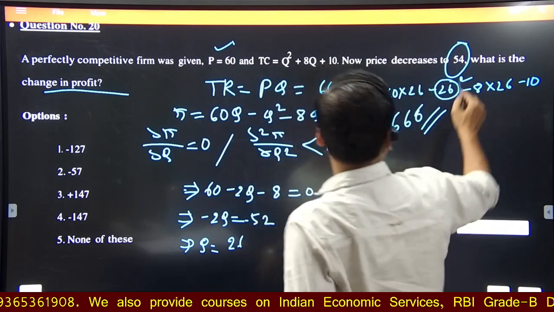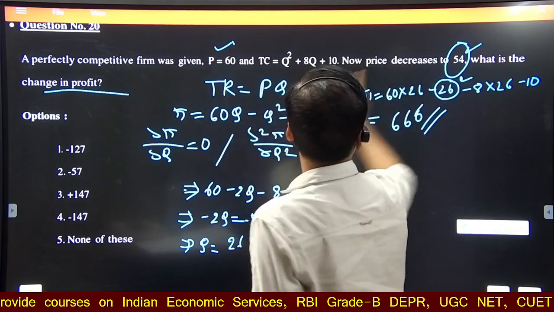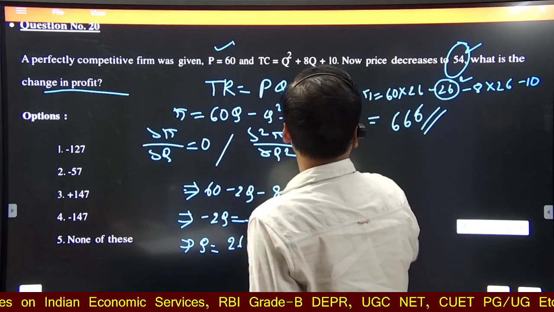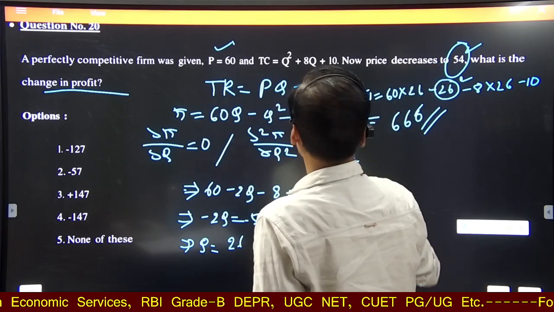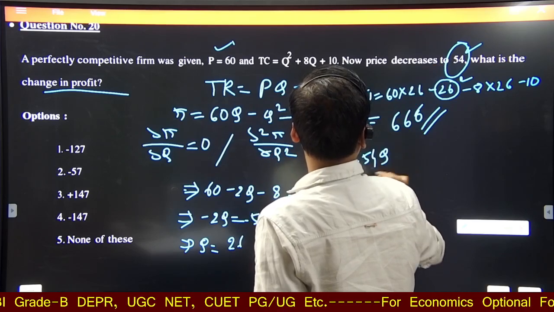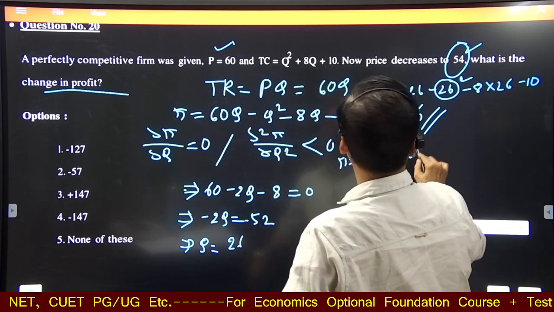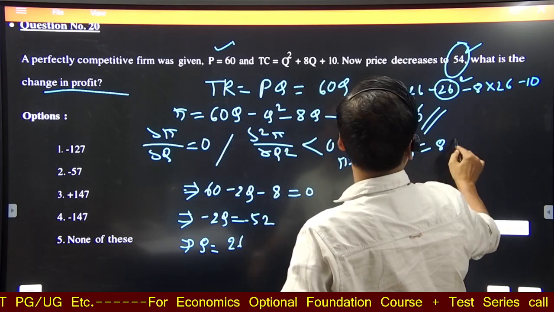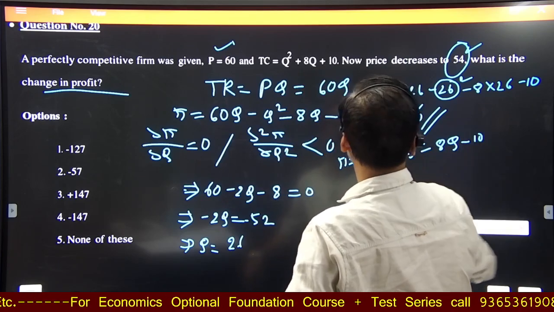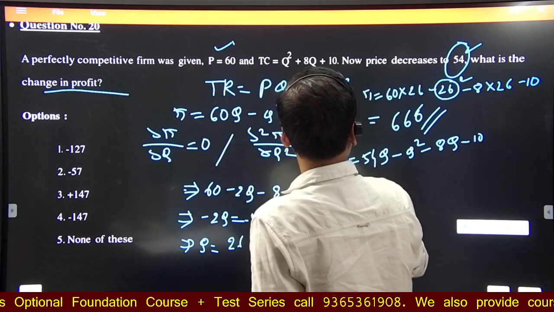Now when we take the price 54, what will be the profit function? After taking 54, the profit function will be 54q minus q square minus 8q minus 10. When we differentiate this with respect to q, it is equal to 0.